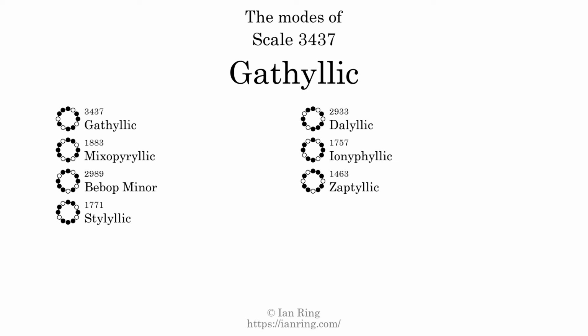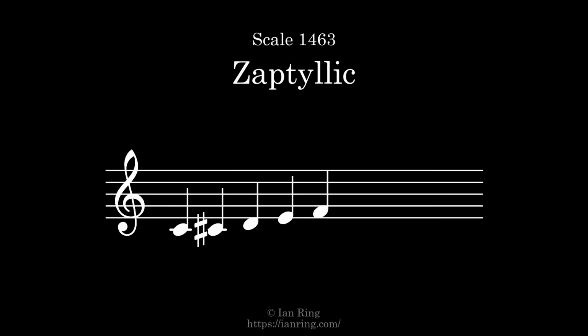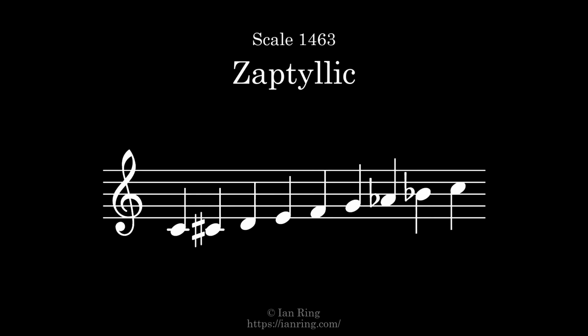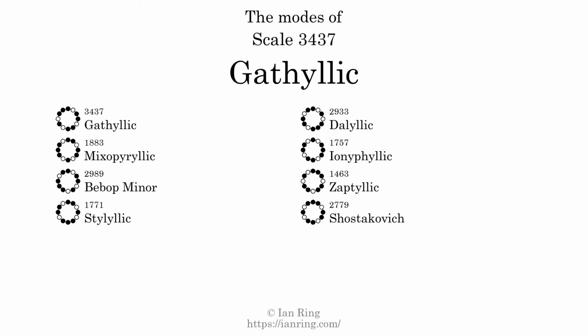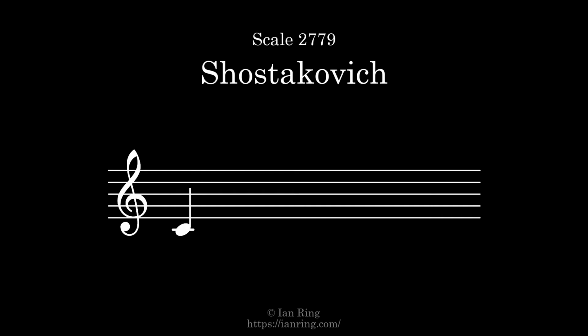The seventh mode is scale 1463, also known as zaptillic. It sounds like this. The eighth and last mode is scale 2779, also known as Shostakovich. It sounds like this.